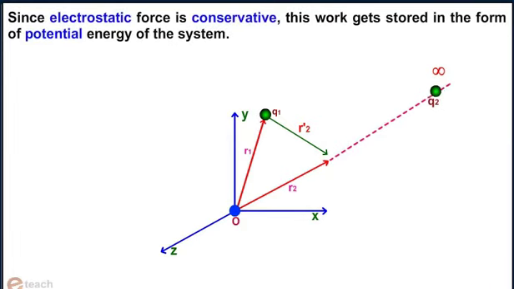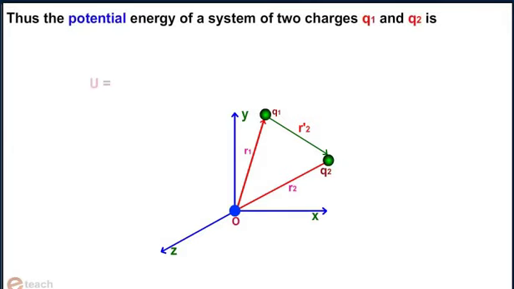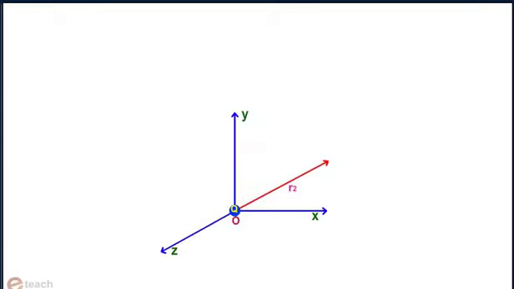Since electrostatic force is conservative, this work gets stored in the form of potential energy of the system. Thus, the potential energy of a system of two charges q1 and q2 is U equals 1 by 4 pi epsilon naught q2 q1 divided by r'2.